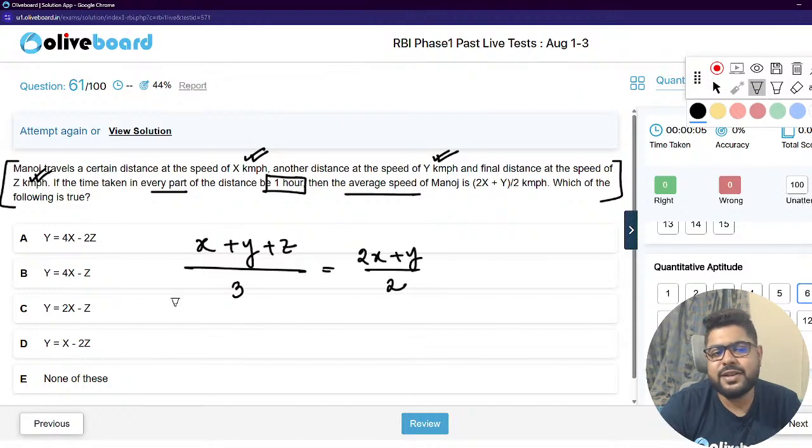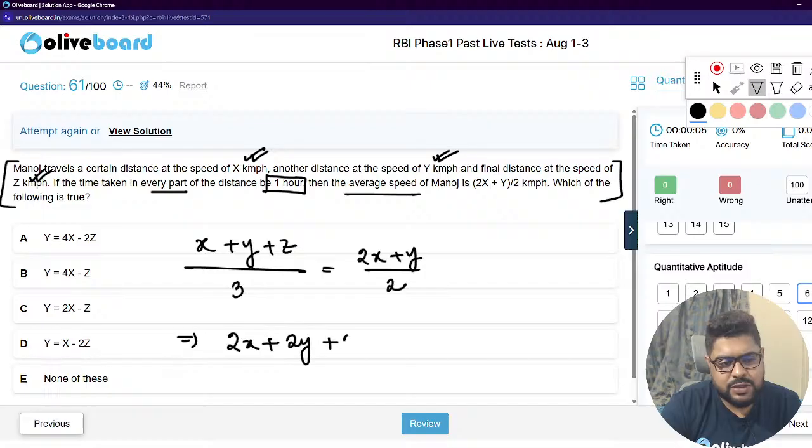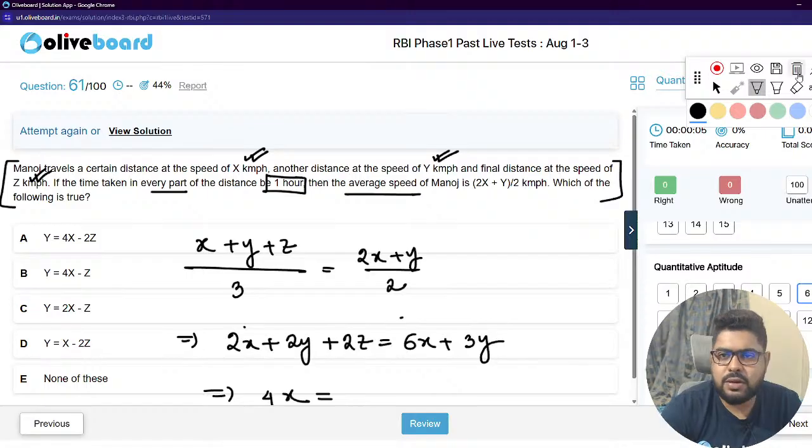Which of the following is true? Calculate, sir. Multiply by 2, so 2x plus 2y plus 2z equals 6x plus 3y. This is 4x, and this will be equal, or rather, keep it to this side, so plus y equal to 2z.